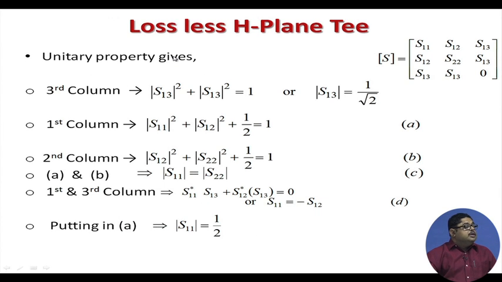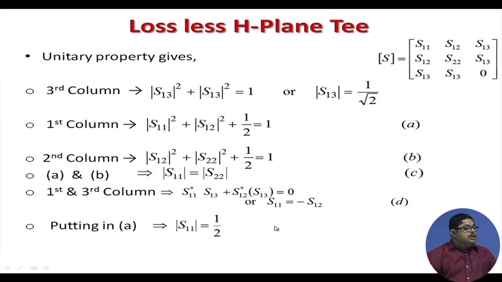Now, you put the lossless condition, that is the unitary property. By that you prove that really half power is going, and the magnitudes of the reflection coefficients S11 and S22 at the two ports are also the same, but you prove that S11 is minus S12. So, the scattering parameters of ports 1 and 2 have opposite phase; that means the voltages are opposite.